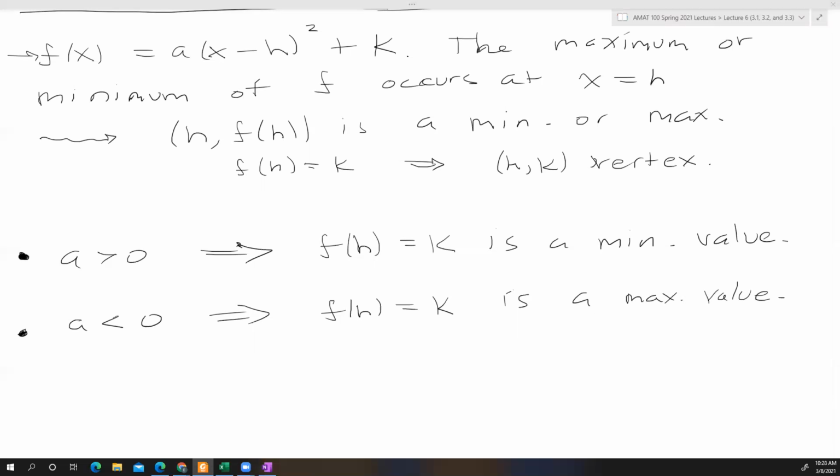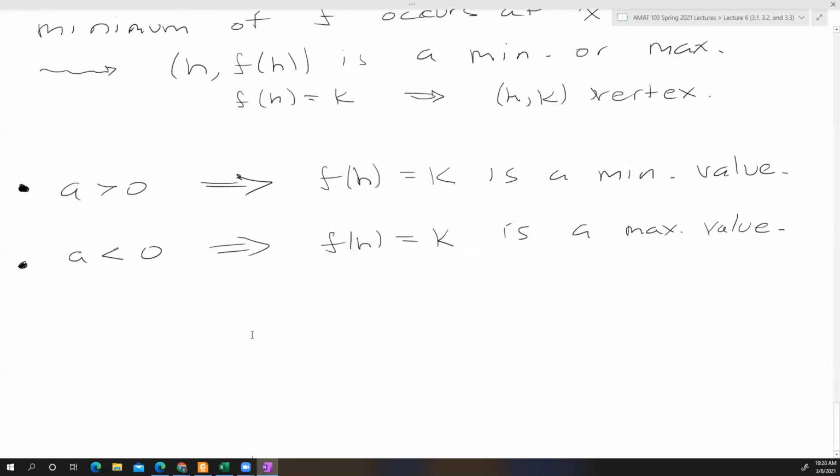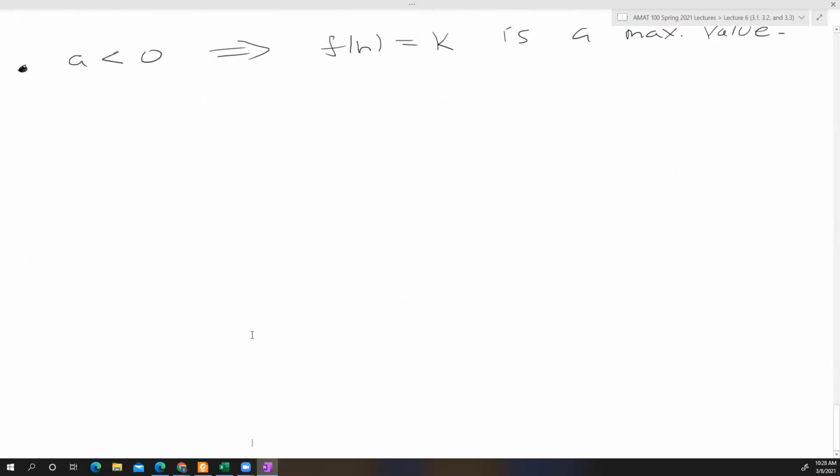Let's just illustrate this with a graph and we'll call it a day. So these two cases, we have this case, so right here is h comma k, and this is when a is greater than or equal to 0. And then we have this other case.